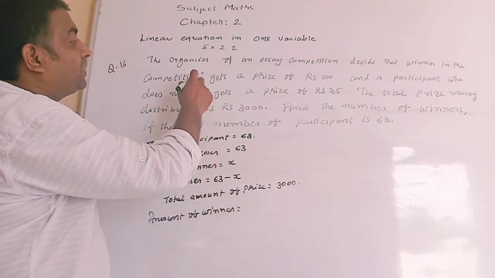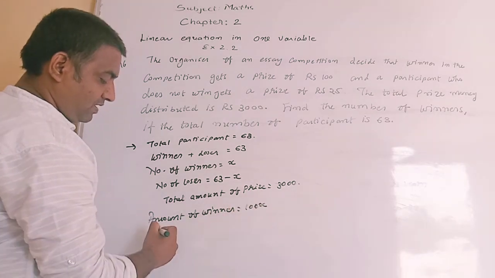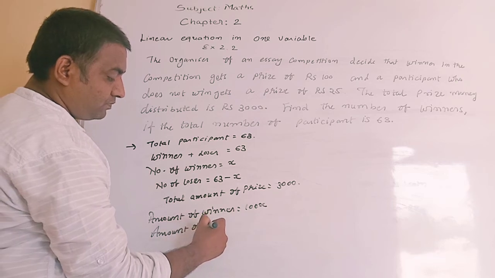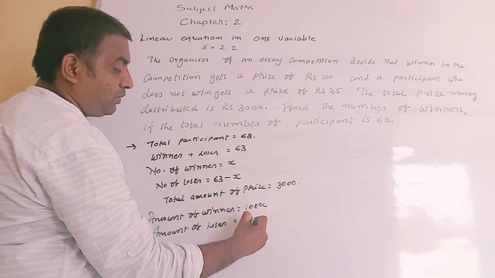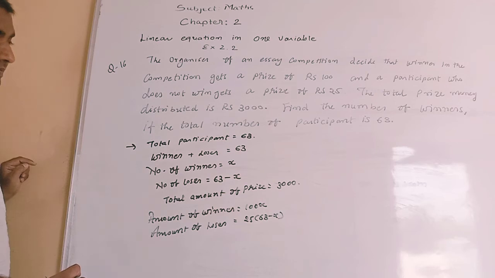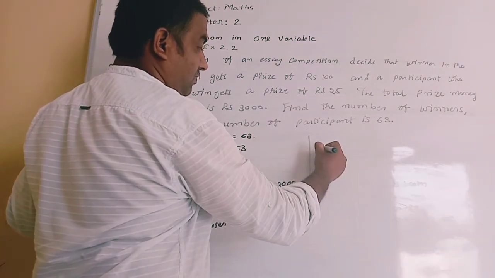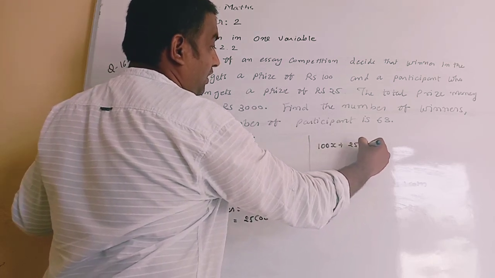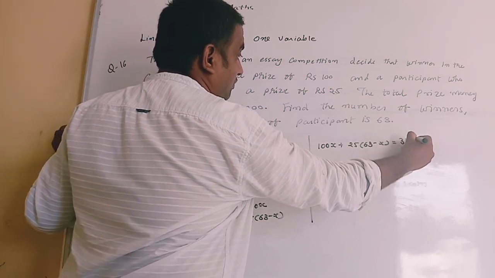A winner gets rupees 100 and x winners are there, so 100x, and the loser prize amount will be 25 into 63 minus x. And so we can write 100x plus 25 into 63 minus x is equal to 3,000.